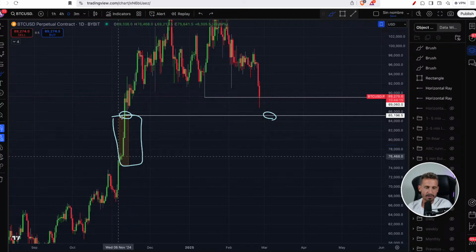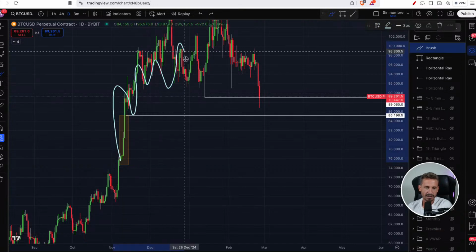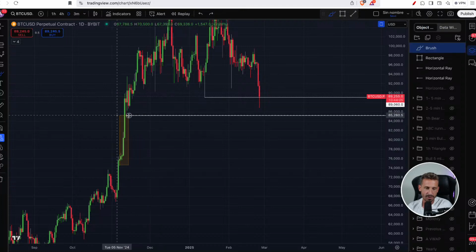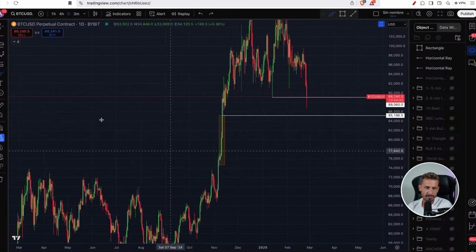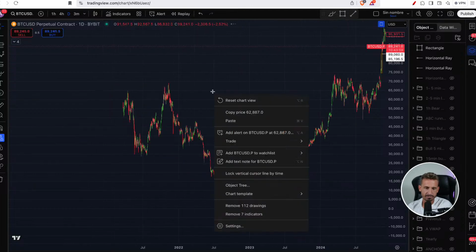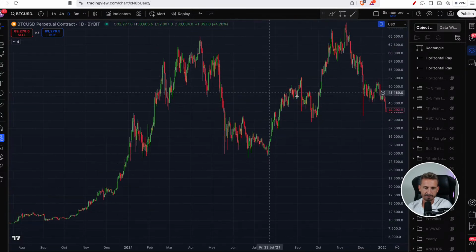And do you know what happens when you have these big movements and you form the first higher low and you continue uptrending? Do you know what happens if the price crosses the last level of support? We can show you a few examples. I mean, the clearest one would be this one.